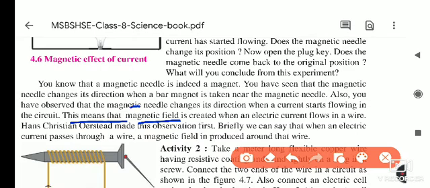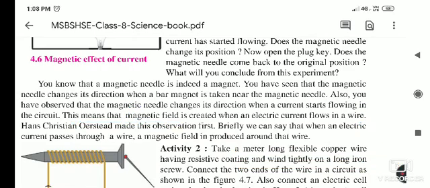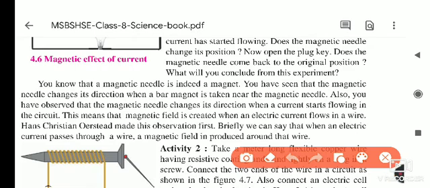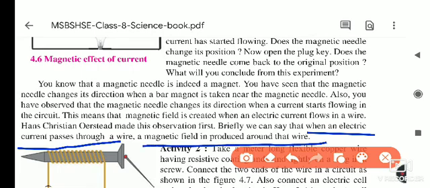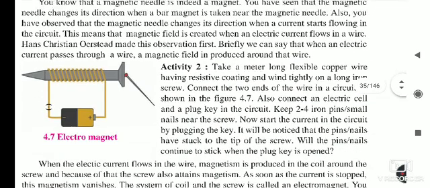Hans Christian Oersted made this observation. Briefly, when an electric current passes through a wire, a magnetic field is produced around the wire. That is the conclusion.